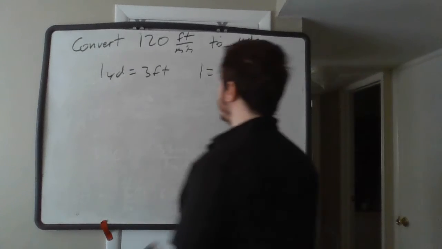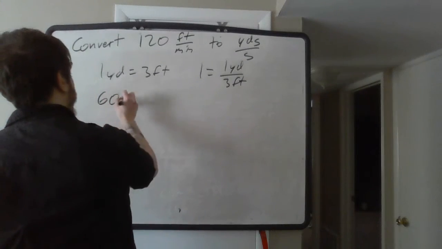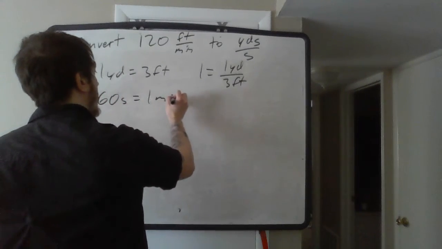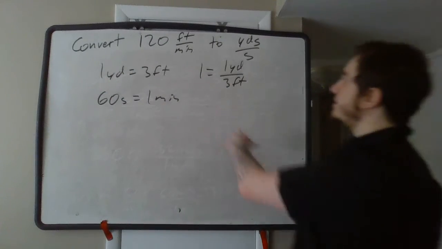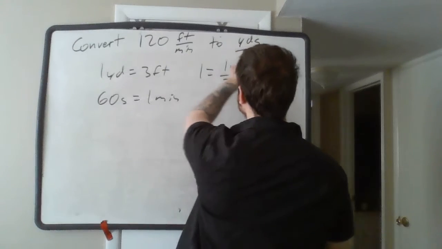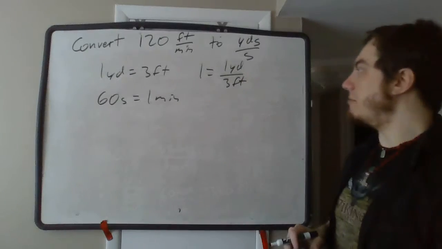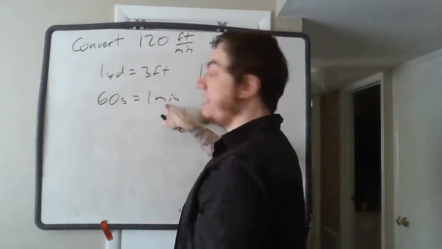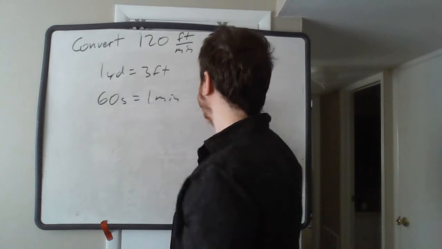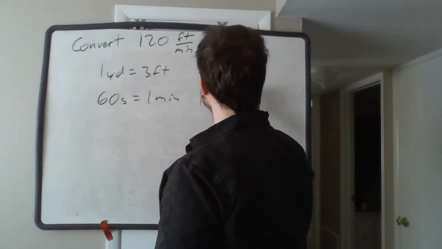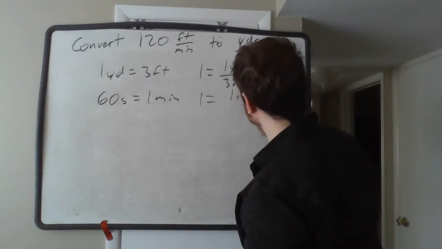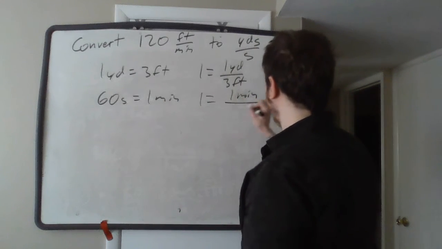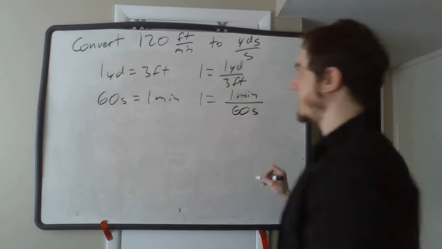The other thing that we know is that 60 seconds is equal to 1 minute. And I want to cancel minutes from the denominator and get seconds in the denominator. That means I want minutes in the numerator and seconds in the denominator. So the conversion ratio I want is 1 minute per 60 seconds.